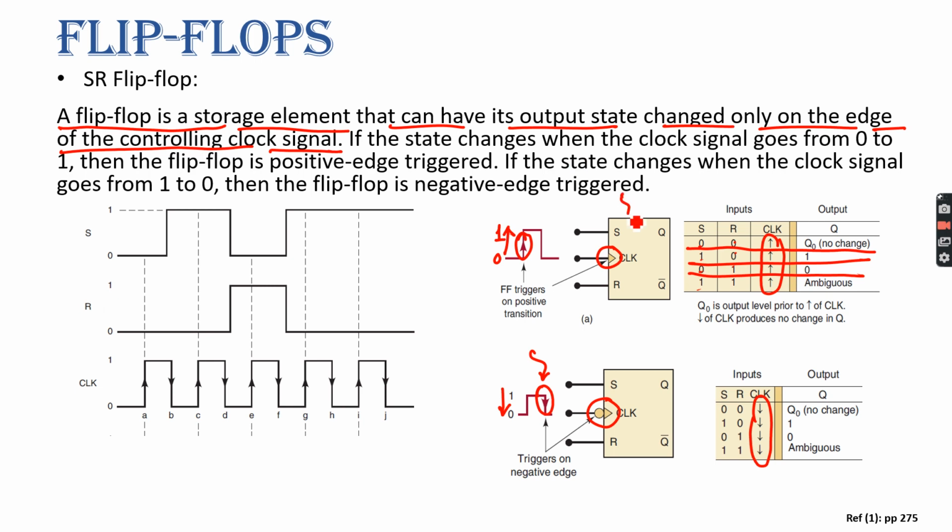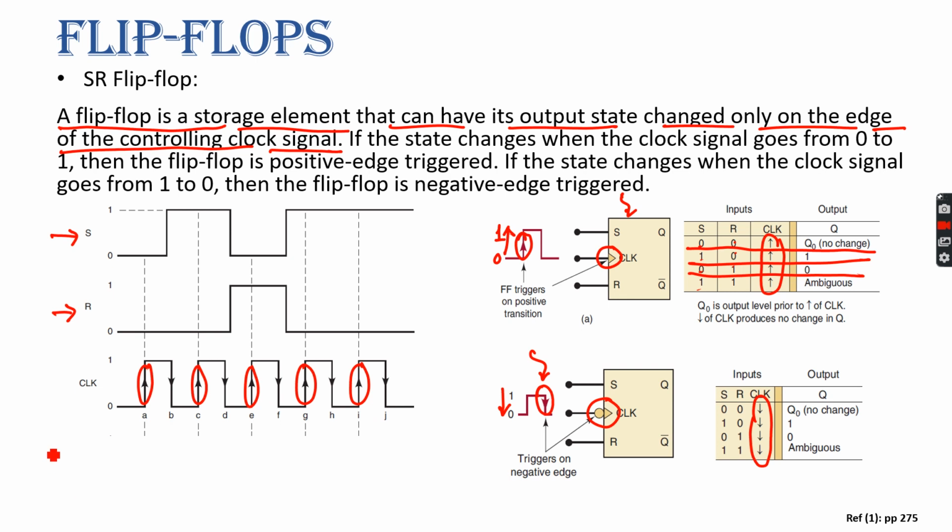Suppose we are considering this positive edge flip-flop and this is your input S and R. Now this is your clock signal. We have to only consider this edge, this edge, this edge, this edge and this edge for operation.